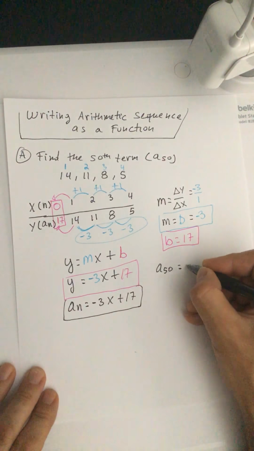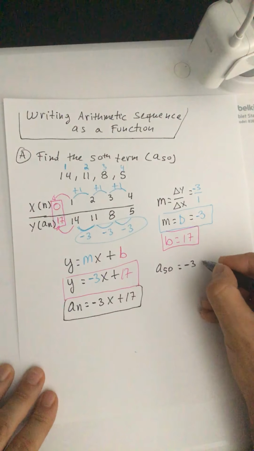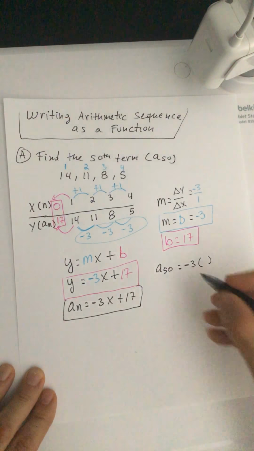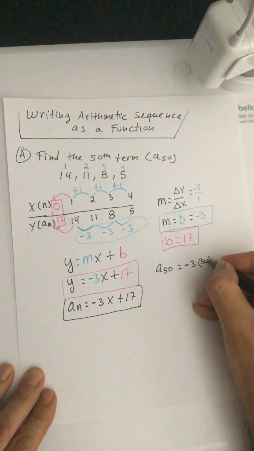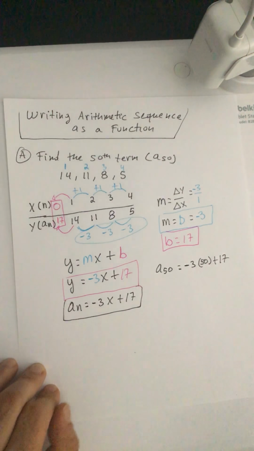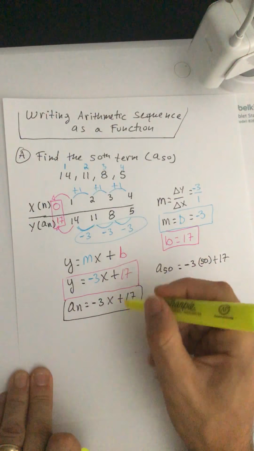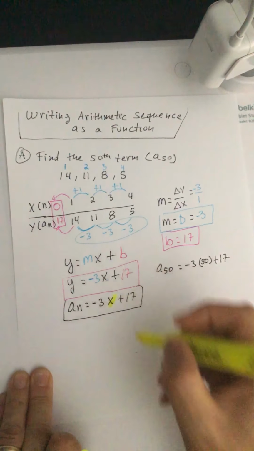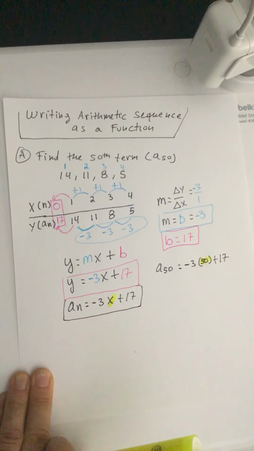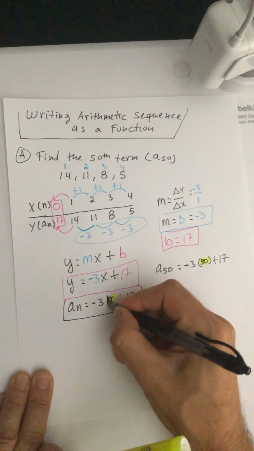So it's going to be basically -3 times your x, which is 50, plus 17. So instead of calling it x, we can call that n, the position here.